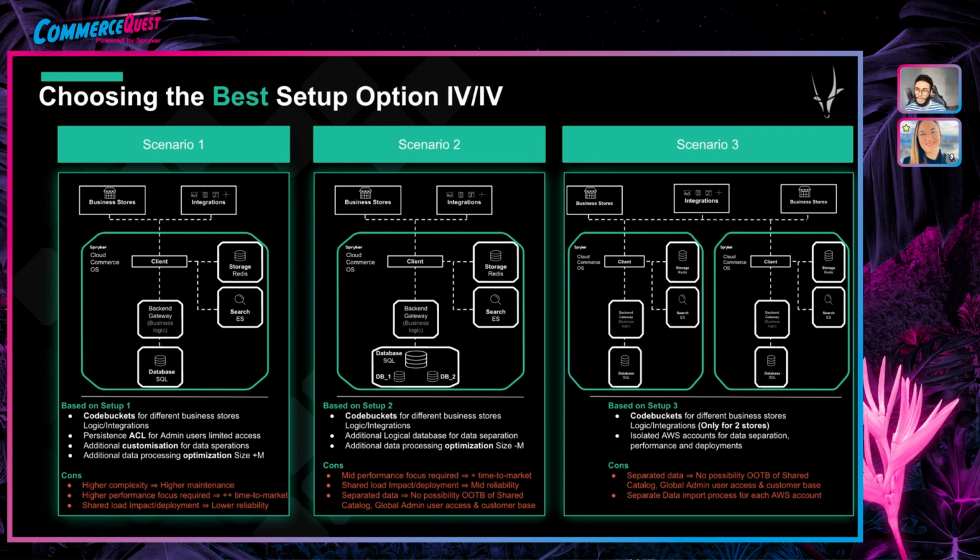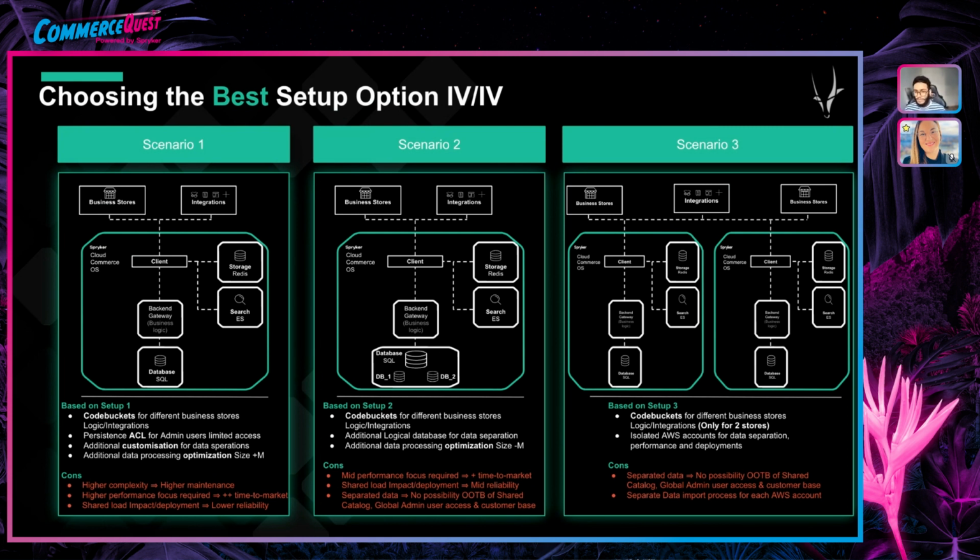So you might be adding some additional data processing optimizations to change queries from N plus 1 to batch operations, to have a multi-queue processing, to optimize overall the data processing process itself, or the data import and the data exchange. So this would be the main, I would say, touch points that you would need to do if you would go with the first scenario.